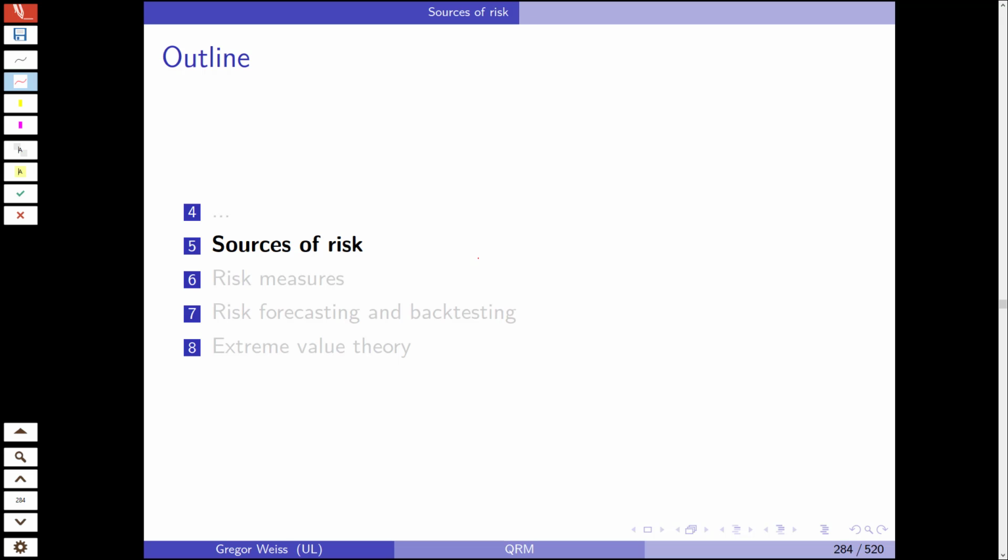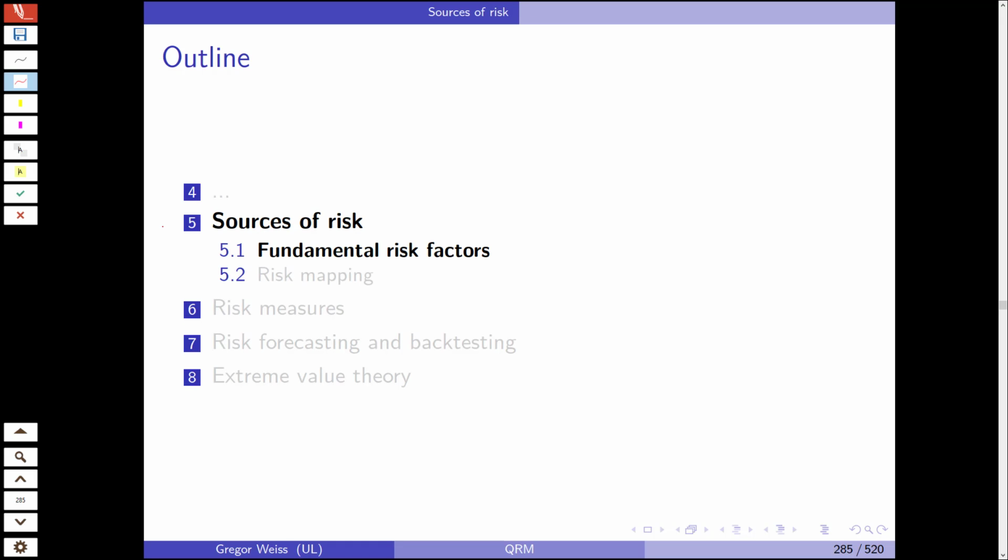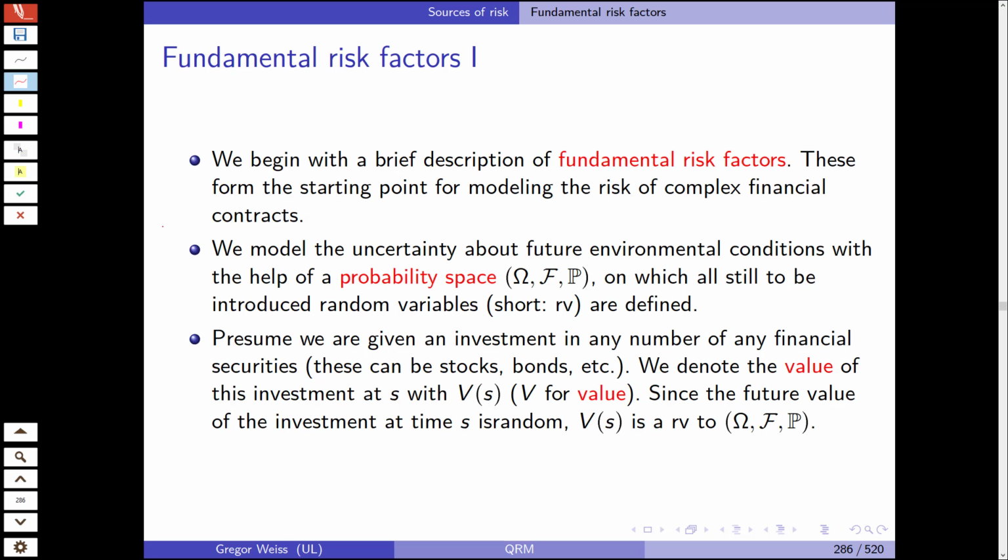Okay. So next is sources of risk, and we can have a first look at some fundamental risk factors. We're now moving away a little bit from time series modeling, but we now want to talk a little bit about fundamental risk factors and how they can be combined into a model of financial losses.